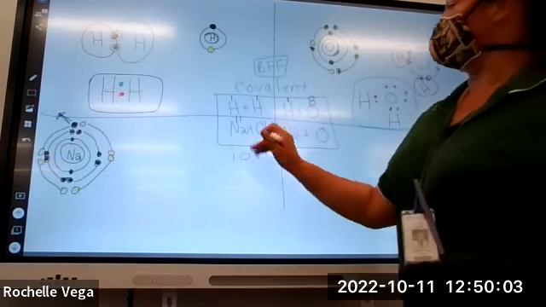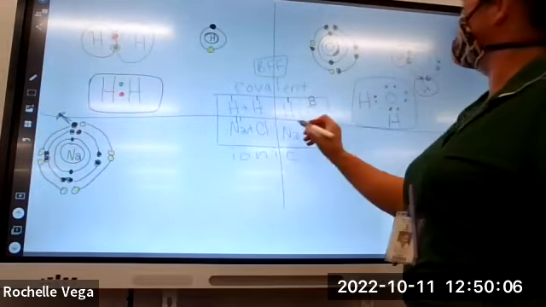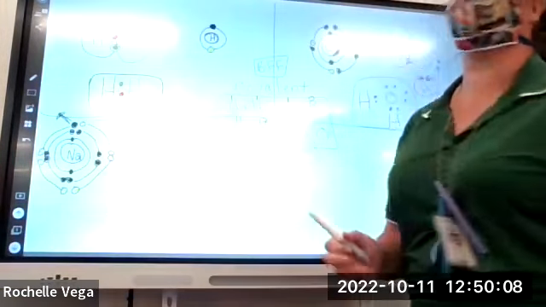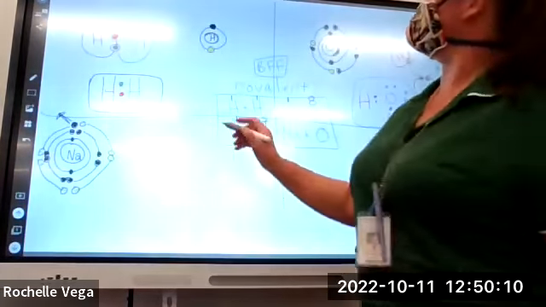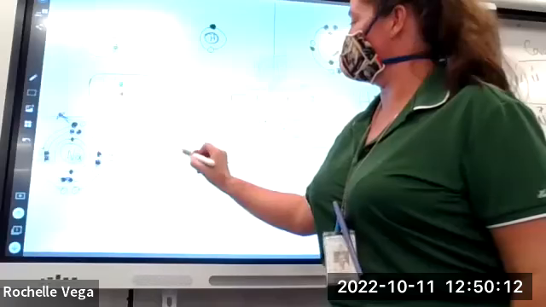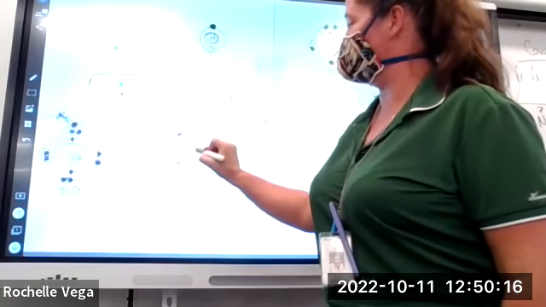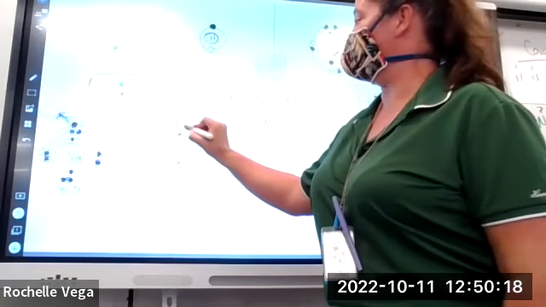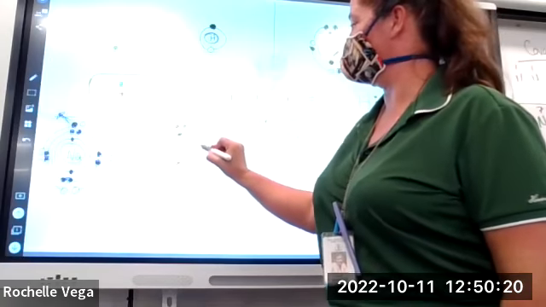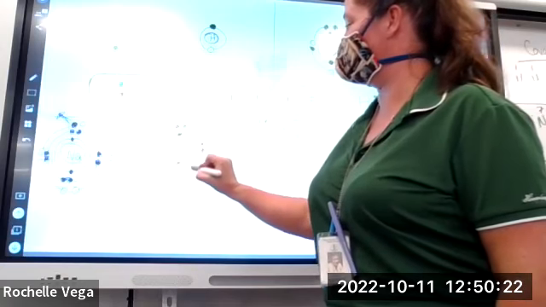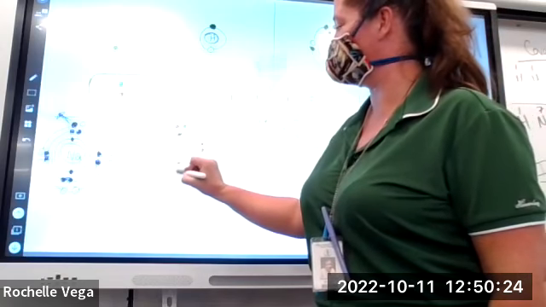All right, so let's look at our chlorine. Our chlorine has an atomic number of 17. If I was drawing that, I have my chlorine in the center. I'm going to have my 2 on my first layer. I then have my next 8 on my second layer, bringing my total to 10.